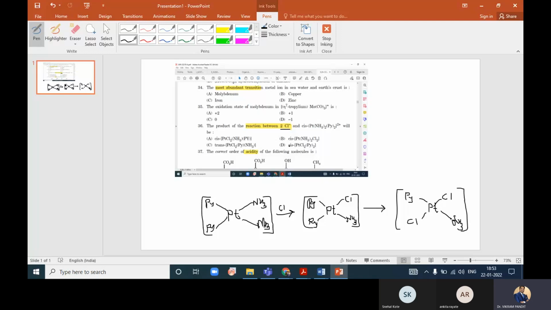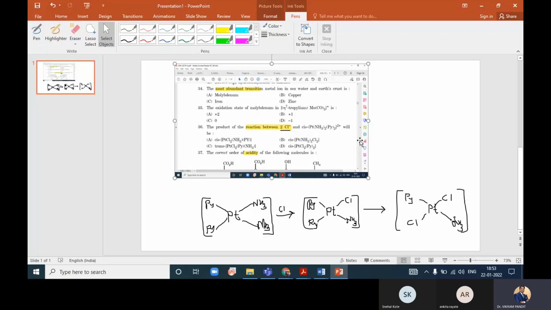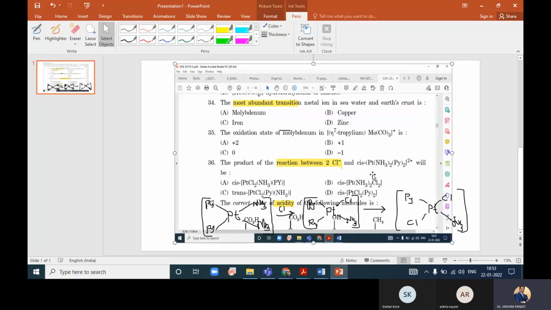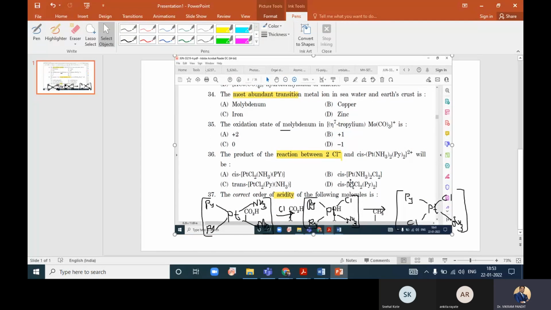If you see the given product, these two are trans to each other. Now I will zoom in and see: every time three ligands are cis, but only one is trans. So these two chlorines are there, pyridine is there, and NH3 is there.